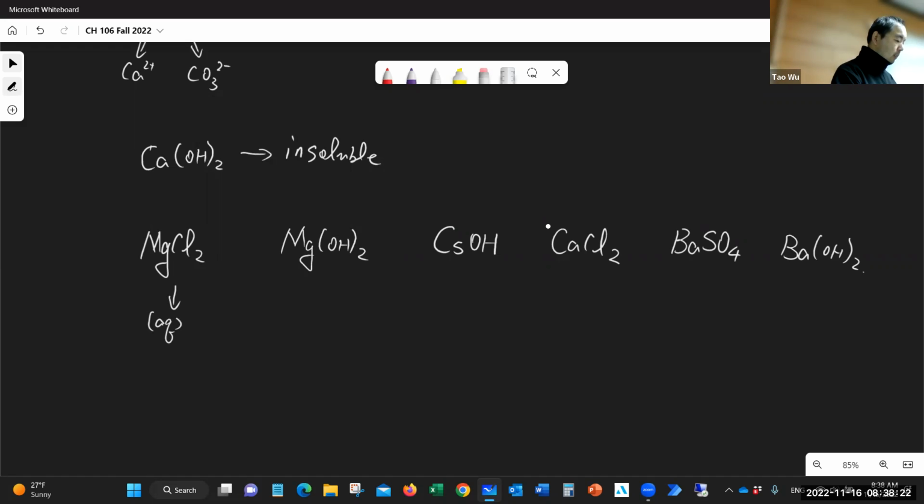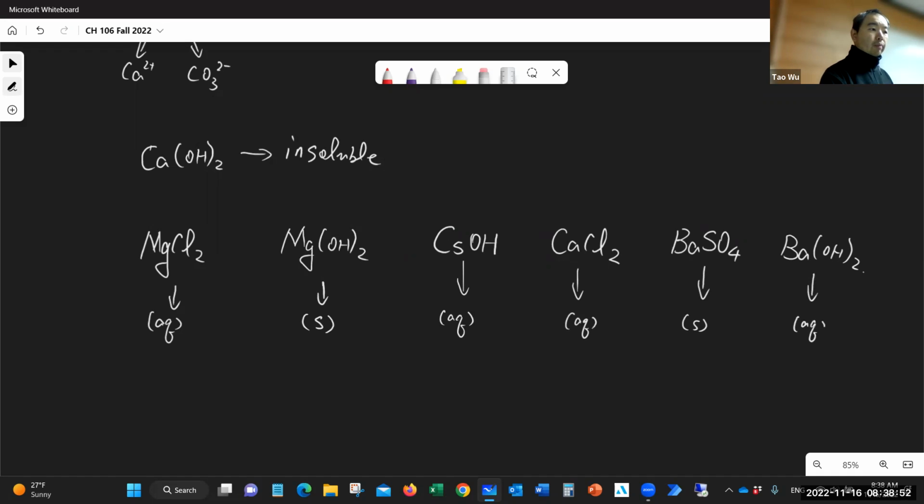Magnesium hydroxide should be a precipitate, which means you should write S. Calcium chloride is also soluble. Barium sulfate is a precipitate, and barium hydroxide is soluble. So based on the solubility chart, you can figure out whether it's soluble or insoluble.